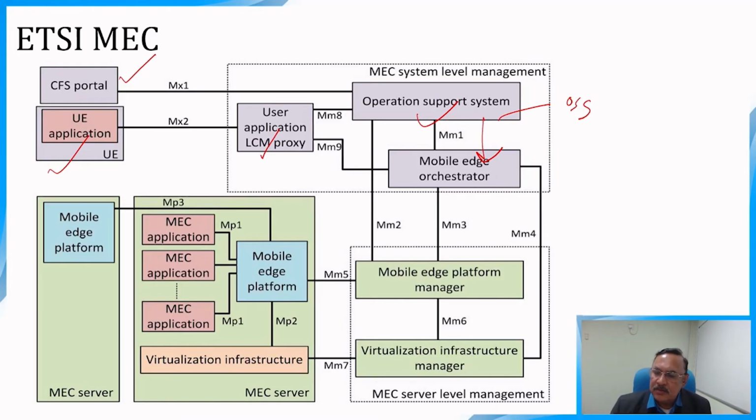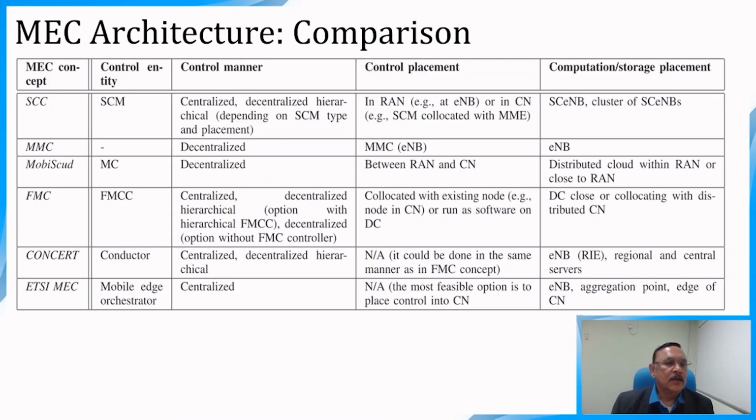So, the MEC server represents the virtualized resources and hosts the MEC applications running on virtual machines on top of the virtualization infrastructure. If you make a comparison of MEC architectures, the control entity of the SCC concept is called SCM.